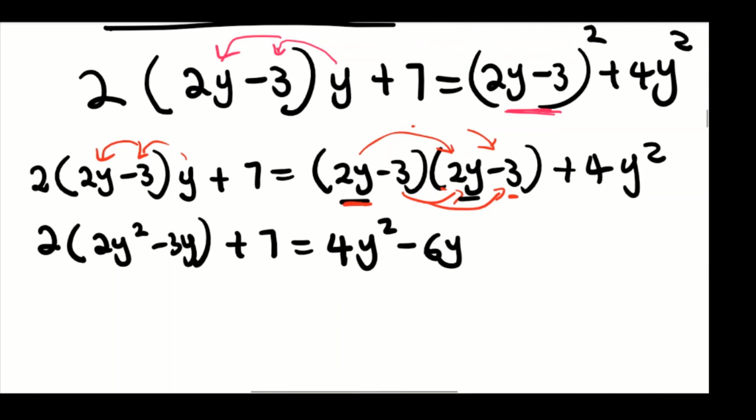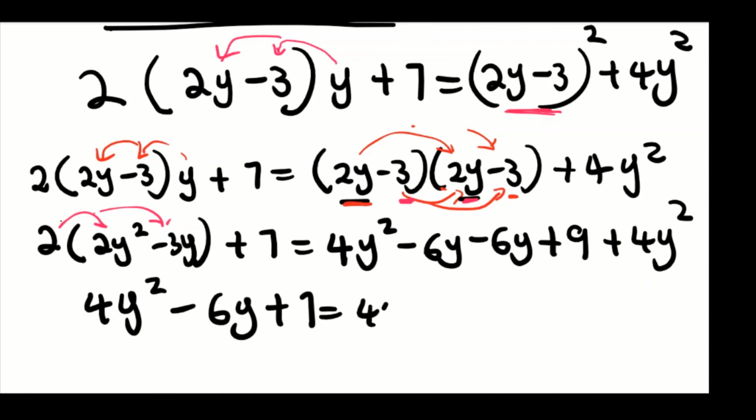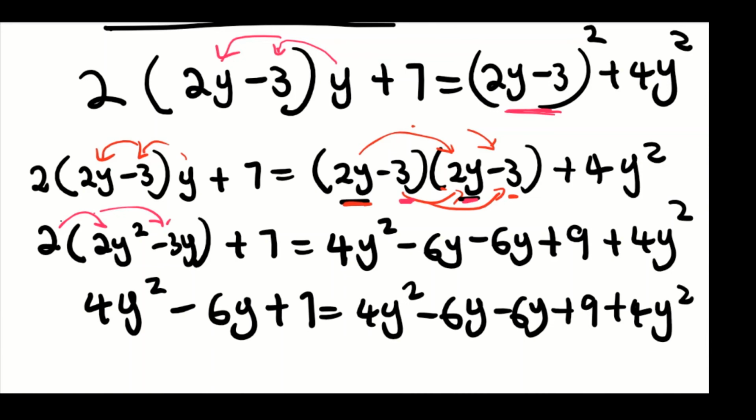The same thing here, −3 and 2y is going to give us −6y, and then −3 multiplied by −3 is going to give us 9, plus 4y². Then we multiply this 2 inside here, and we will have 4y² − 6y + 7 = 4y² − 6y − 6y + 9 + 4y².